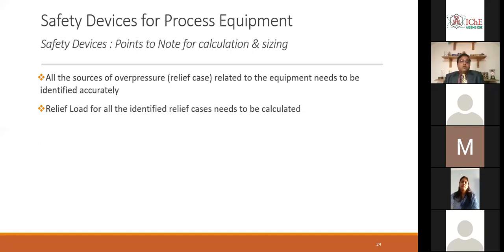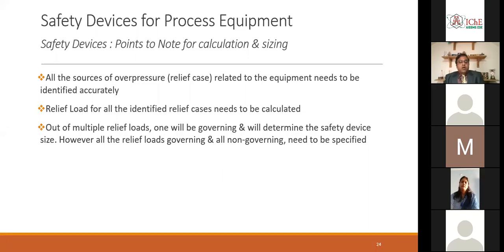Then the relief load for all the identified relief cases needs to be calculated. Out of, say, 10, you have identified 3: say fire is applicable, blocked in is applicable, and say abnormal heat input or power failure is applicable. Out of the 3, each will give you a relief load.